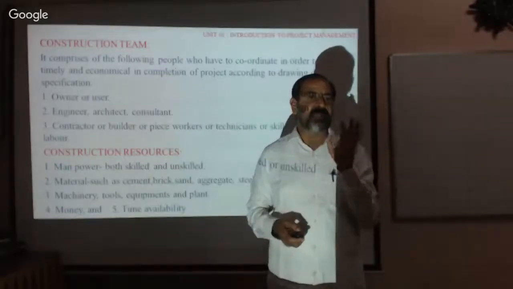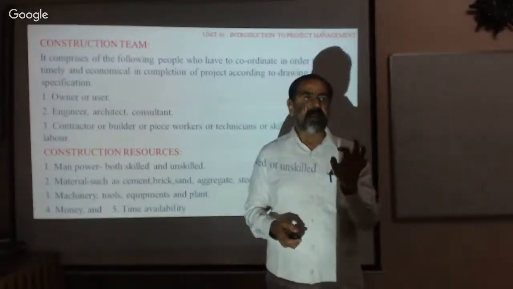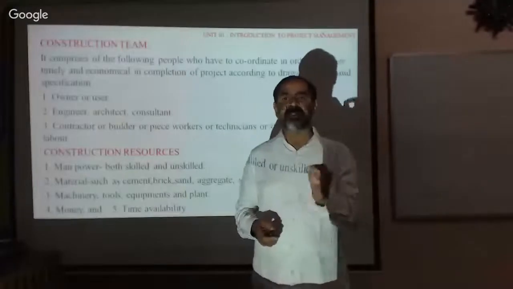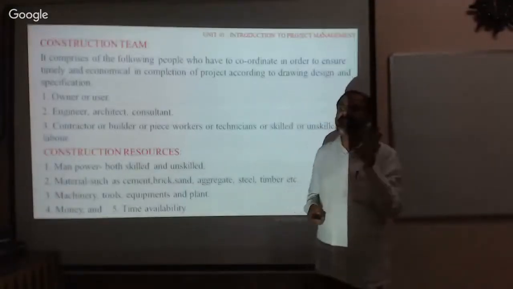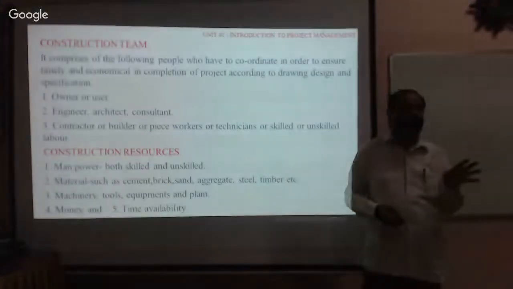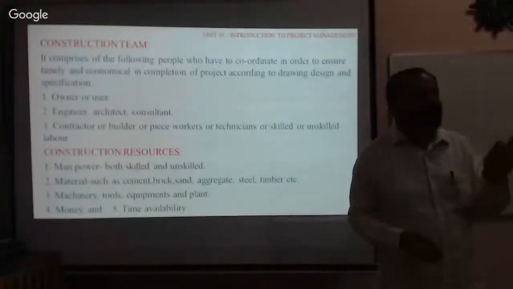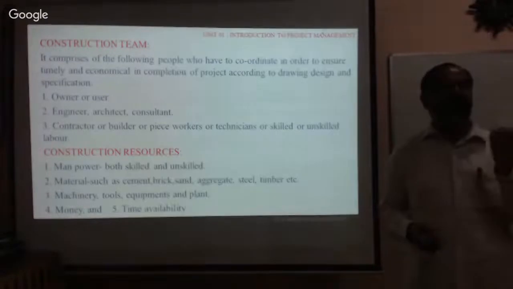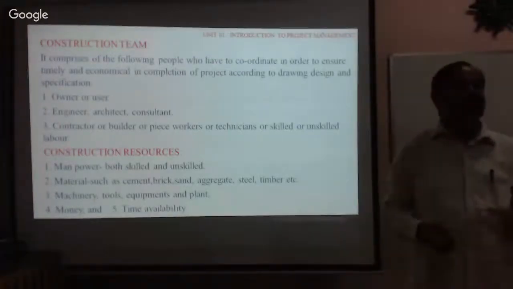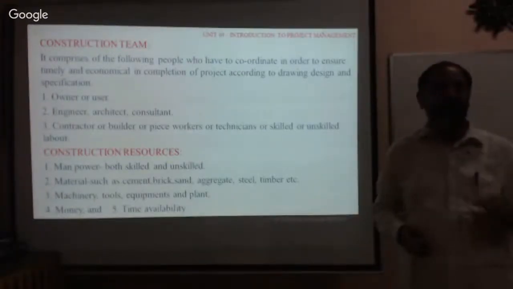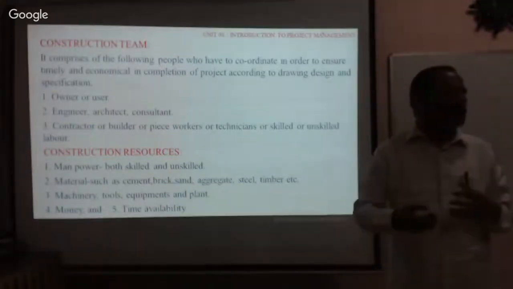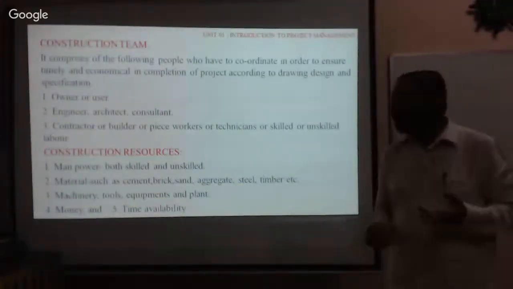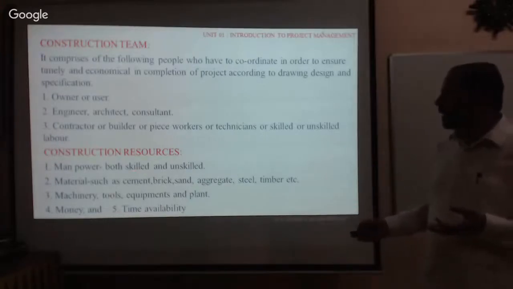Engineered materials means the material is manufactured according to the requirements of the engineer, according to his necessity and his design. Whatever material we want, we can produce it today. They are called engineered materials.